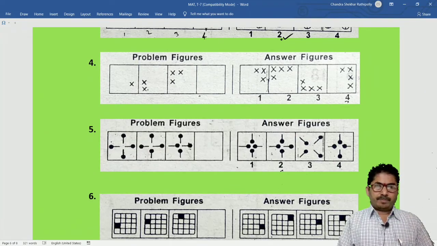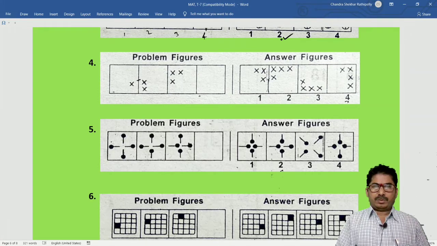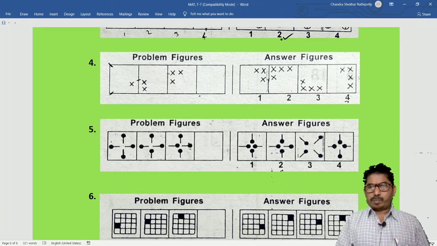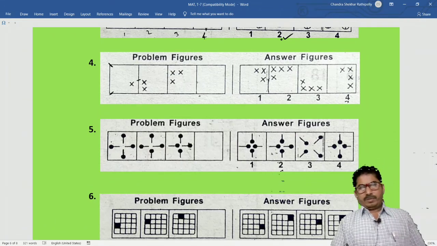These all are observed clockwise. These all are in clockwise only. So here 1, here 1. Next figure, arrow to arrow, next arrow. Next where will come?